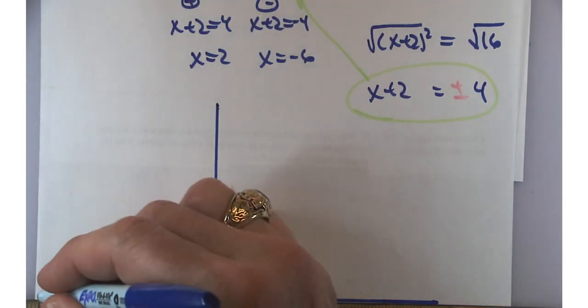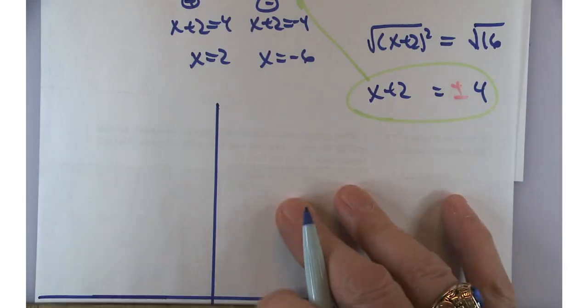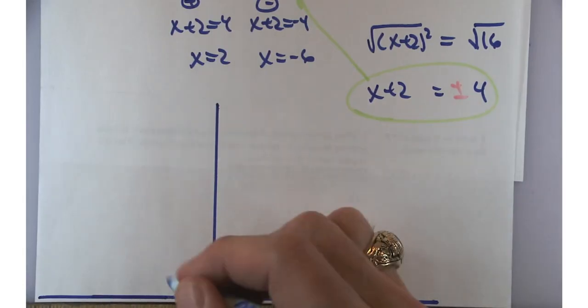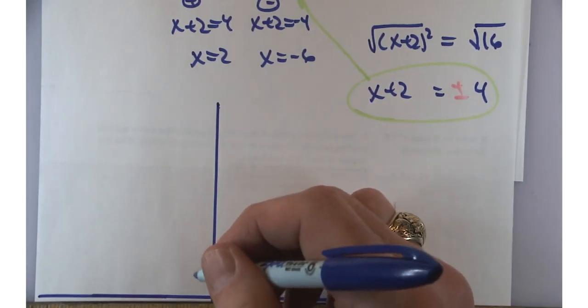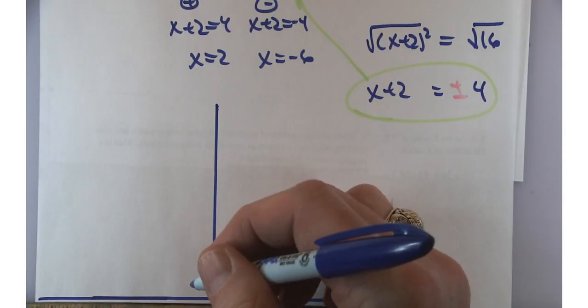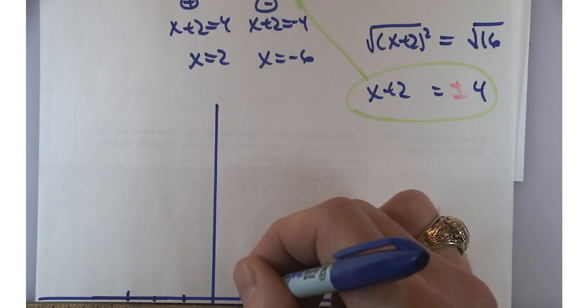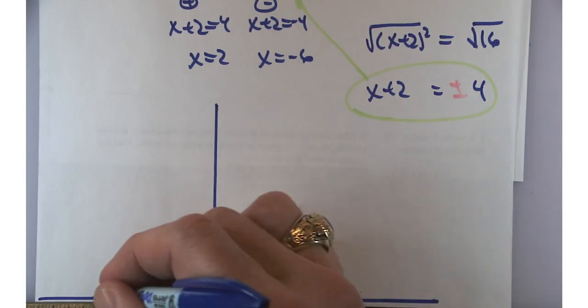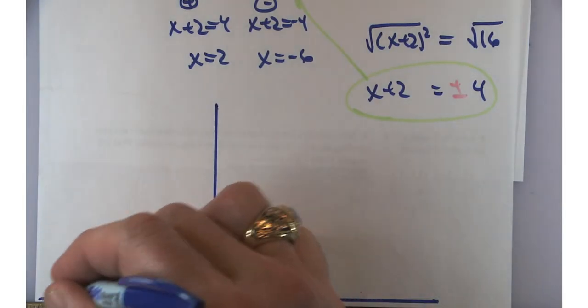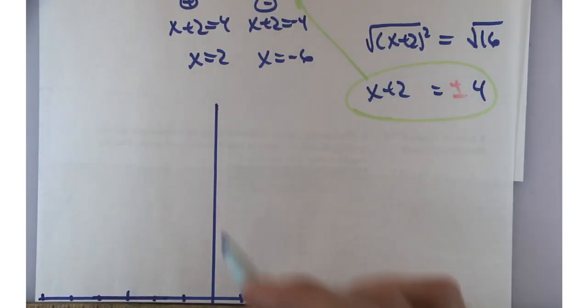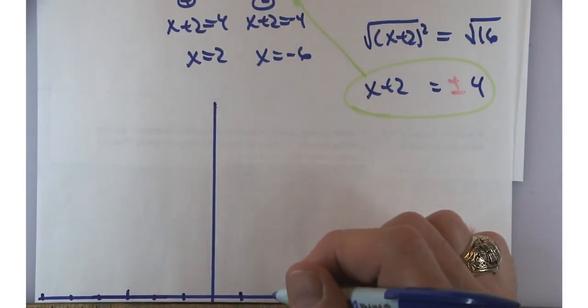Bummer. 2, 4, 6. Okay, maybe I did give enough room, but barely.